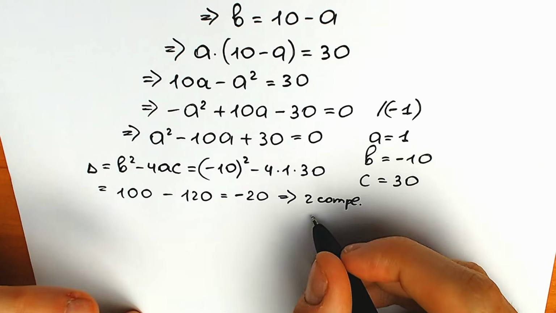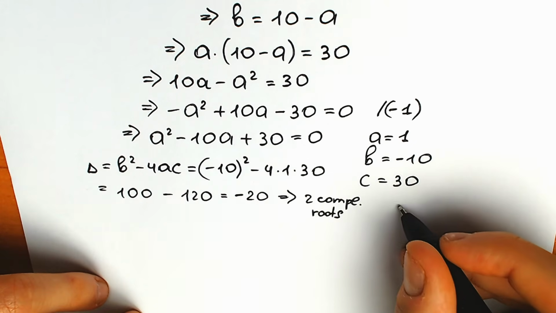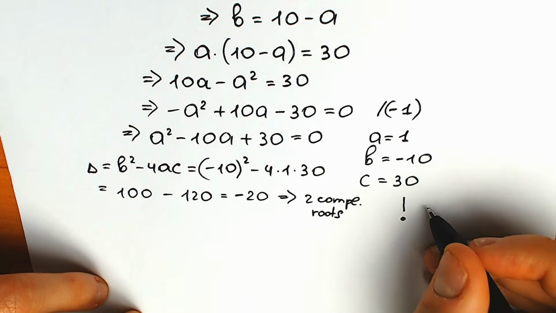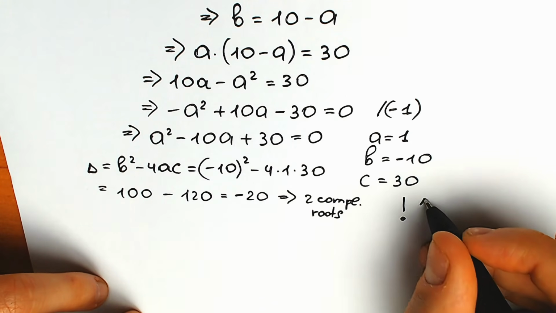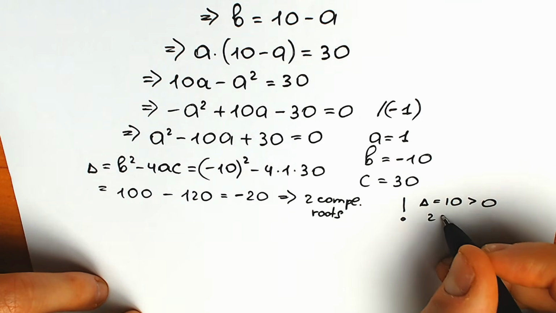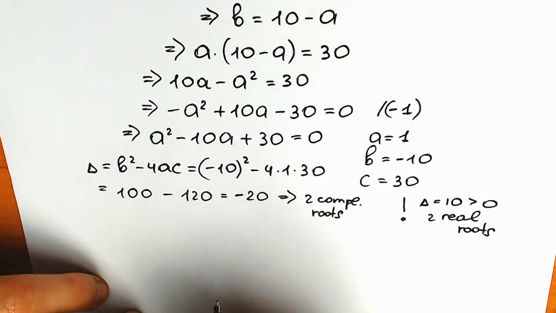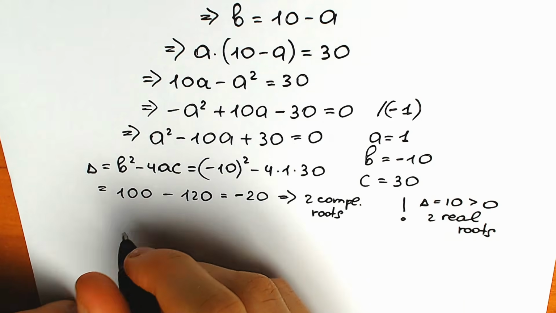If we have, for example, a positive discriminant, for example D equal to 10, greater than 0, then we have two real roots. If we have a negative one, then two complex roots. It doesn't matter, let's solve it.